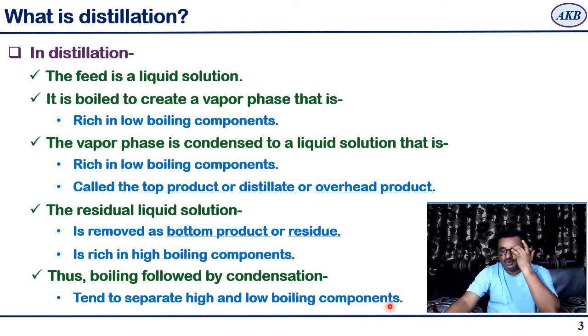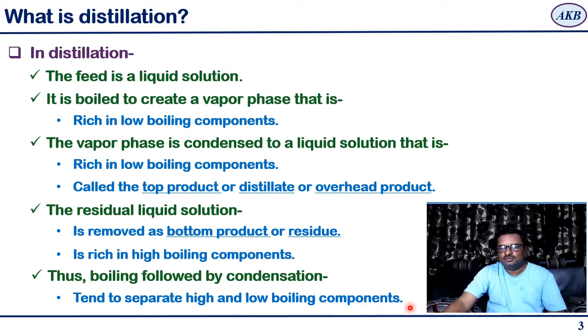We are able to separate high boiling components from low boiling components to some extent. That's why we are saying that boiling followed by condensation tends to separate high and low boiling components.